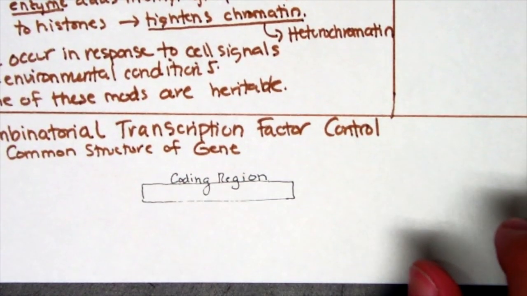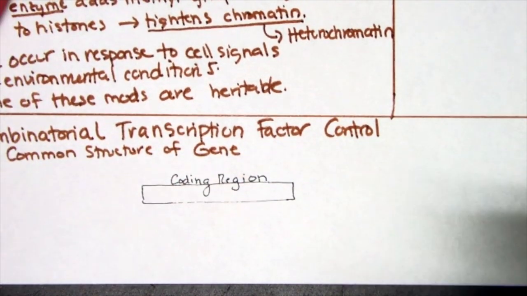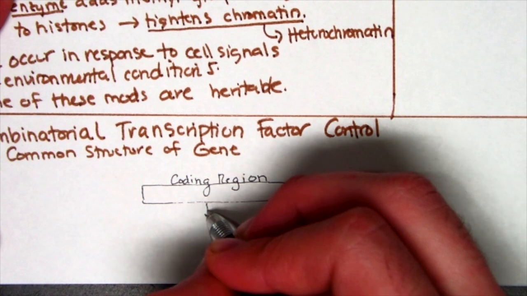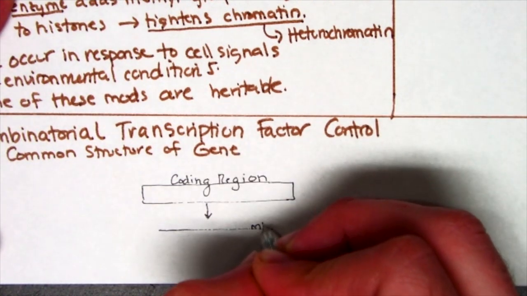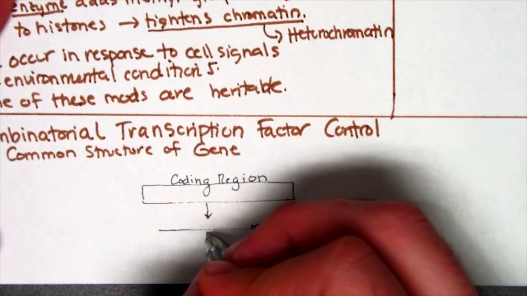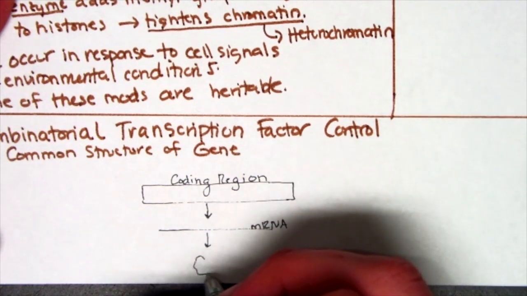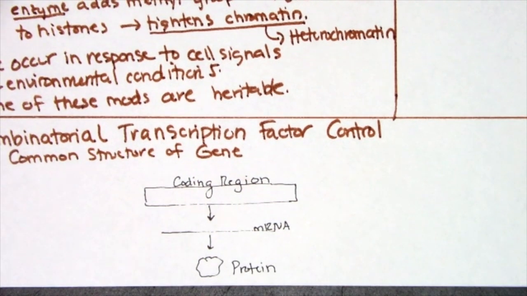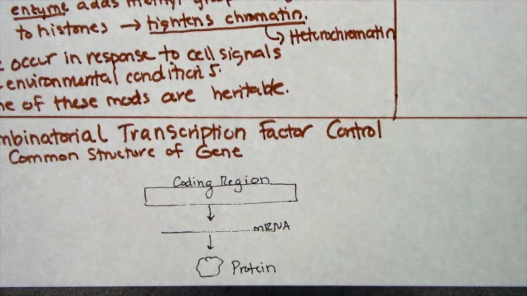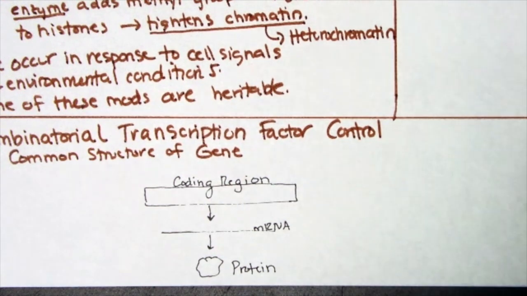That is what actually gives the mRNA that gives some protein. And we know that within that coding region, which is a sequence of DNA, we have introns and we have exons, right?